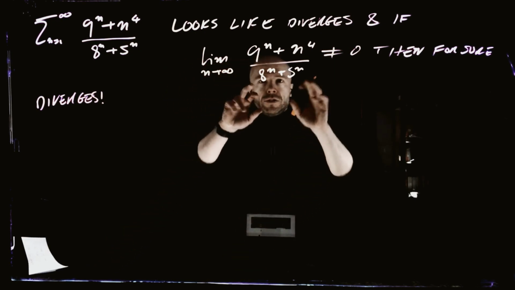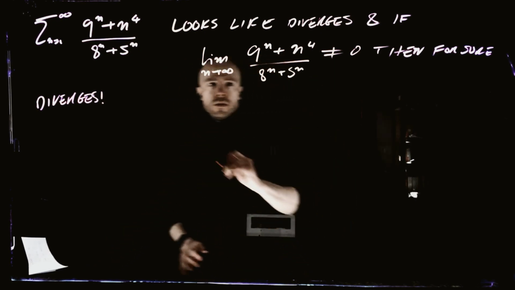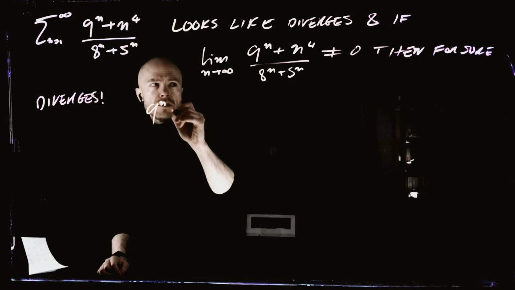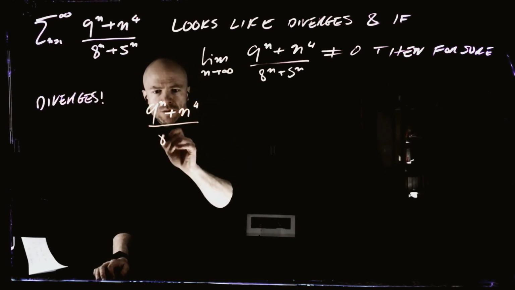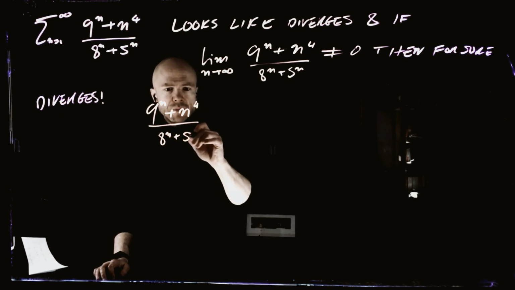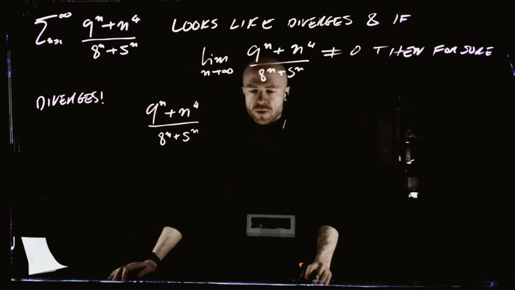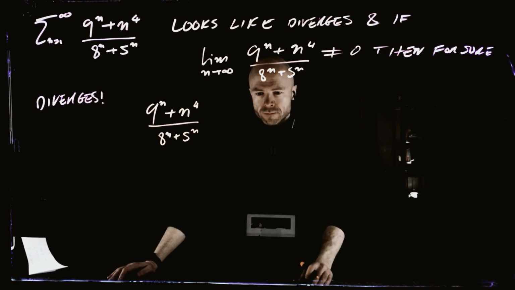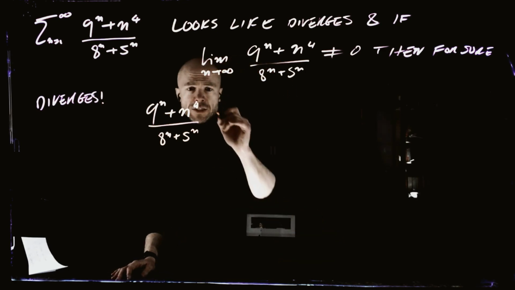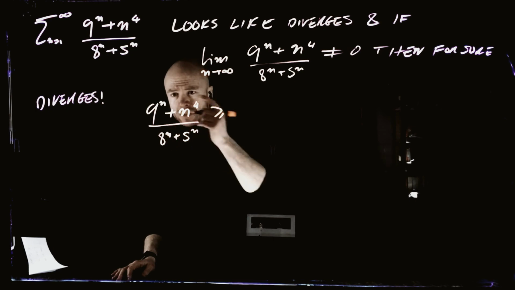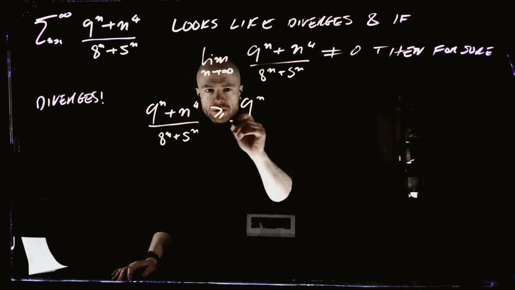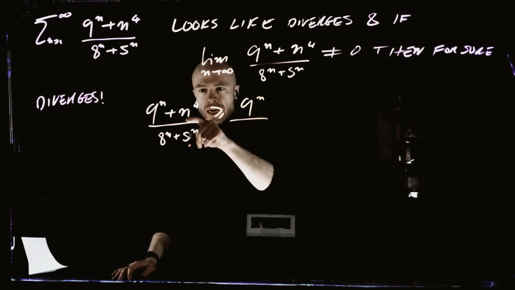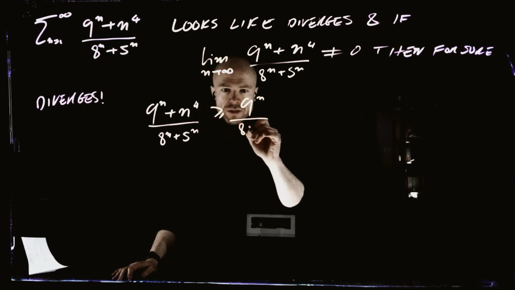We can check this out in a number of ways. Let's look at this thing. Since we think that this is going to go to infinity, the natural thing is to bound it below by something that is going to infinity as well. As you say, the simplest first thing to do is to notice that this is definitely bigger than this, because the n to the 4 just makes it bigger. So we do have this for sure.